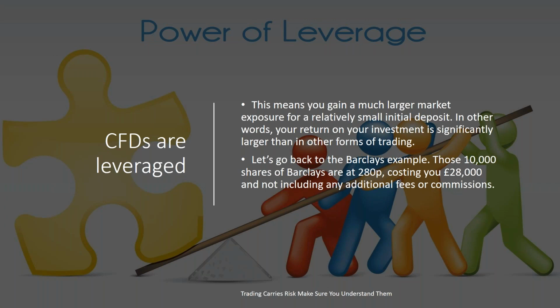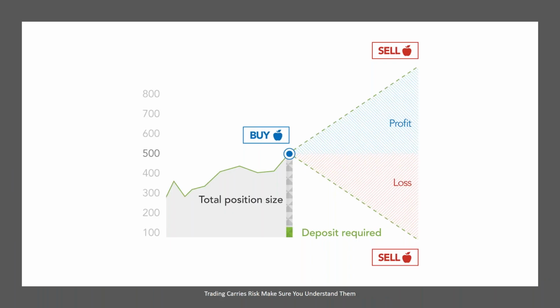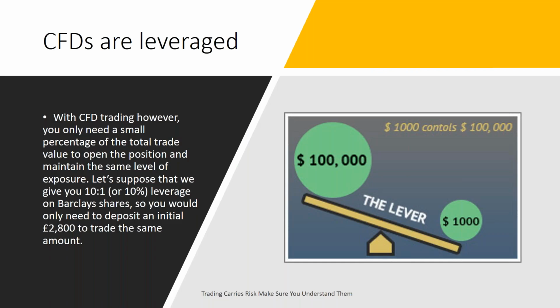So let's go back to the Barclays example. Remember, I told you to remember this. Those 10,000 shares of Barclays were at 280 pips, costing you 28,000 pounds. With CFD trading, however, you only need a small percentage of your total trade value to open that position and maintain that level. So let's suppose that we give you 10 to 1 leverage on Barclays shares.